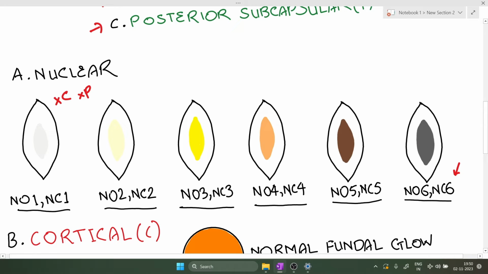And if any cataract lies in between these two grades, say for example it's yellowish ochre, or if it is orangish brown, then we would probably denote it as NO4 to NO5.